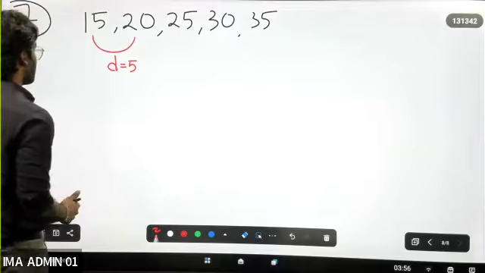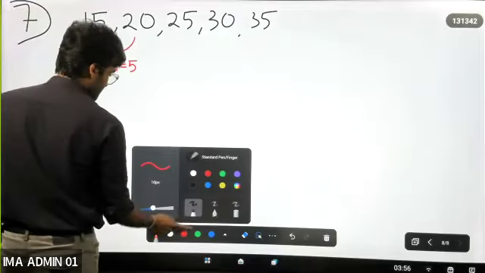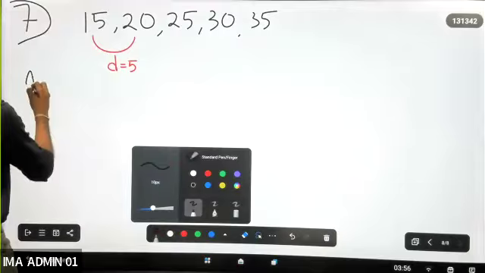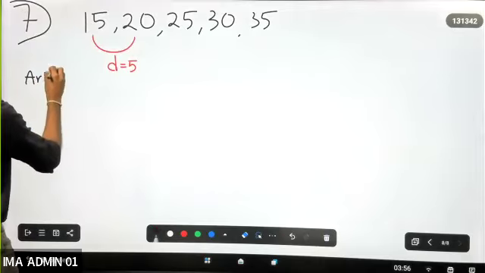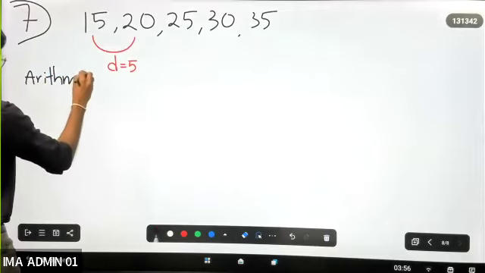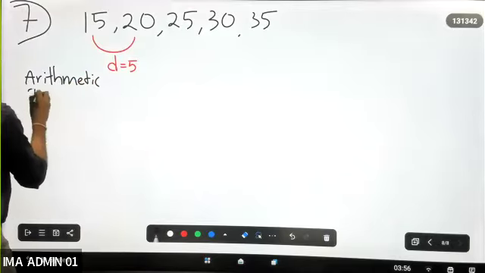When it comes to progression, first you have to identify that this is an arithmetic progression, right?